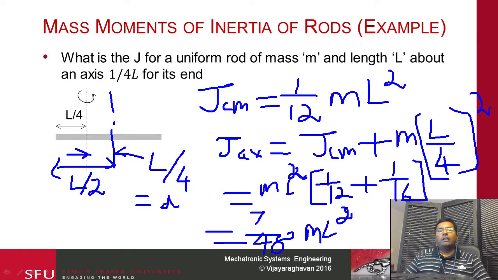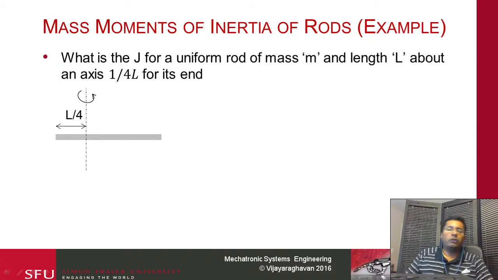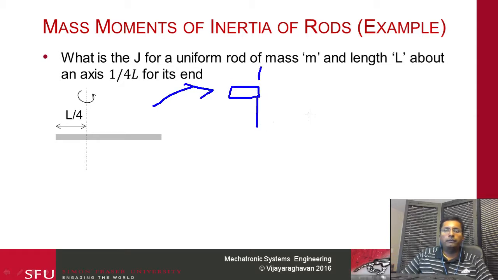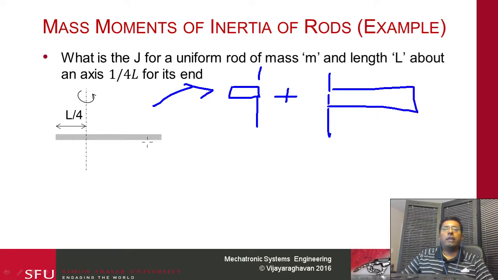Right? So as a bonus, what we're going to do is try to do the same problem, but actually splitting the beam into two parts and then see if you get the same number. Again, remember, this came out to be 7 by 48 ML squared. So this beam, I can think of it as being a small beam like this, rotating about its end, plus another bigger beam rotating about the same end.